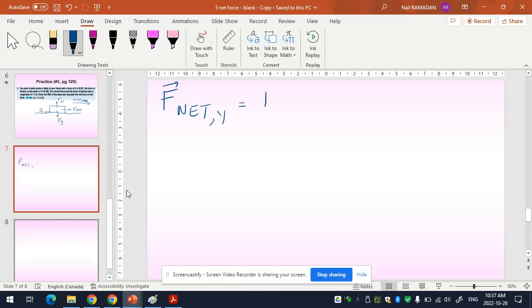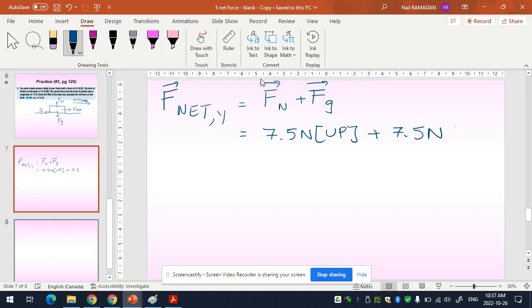Equals Fn, or who cares? Plus Fg. All right. What's the normal force? How much? 7.5 newtons in the up direction plus 7.5 newtons in the down direction. So really, what ends up happening? Just a big fat zero newtons.